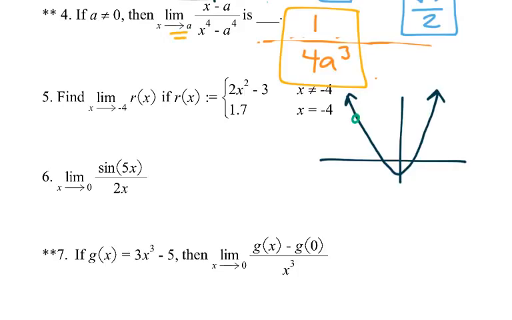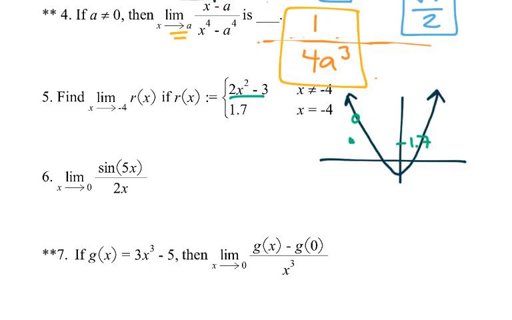We're going to look at the point 1.7. So we probably have something that looks like this, where here's 1.7. So for any value that's not negative 4, we will use the quadratic, and then at the value negative 4, there's sort of this random point that looks like it's below the quadratic.